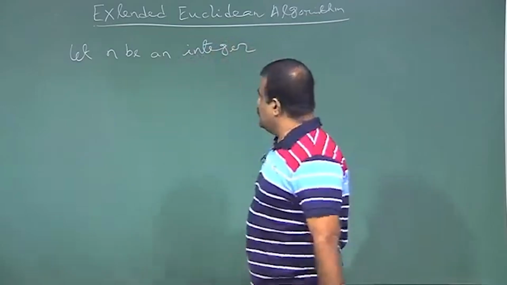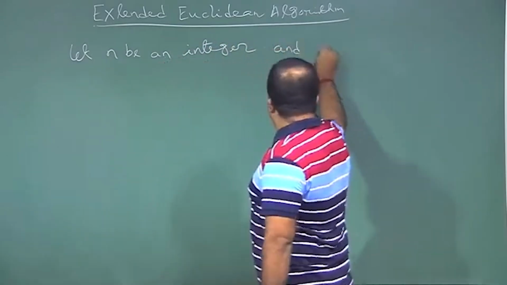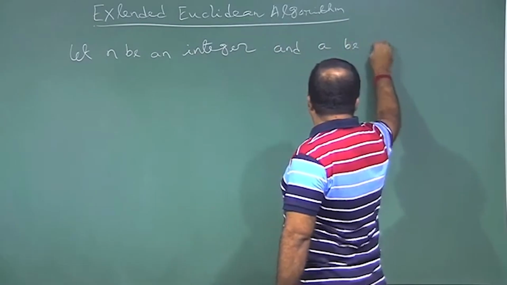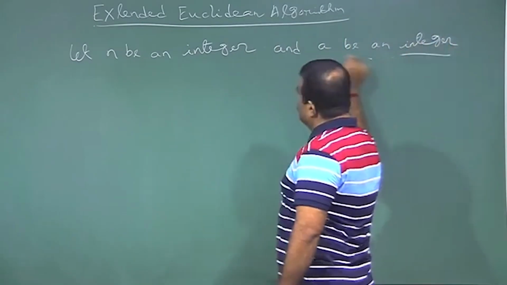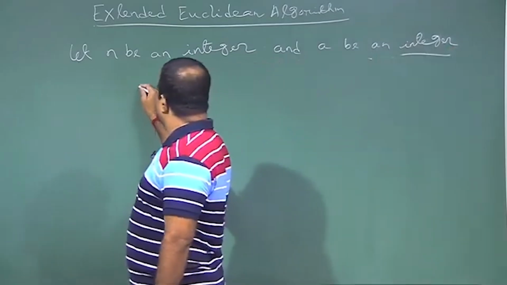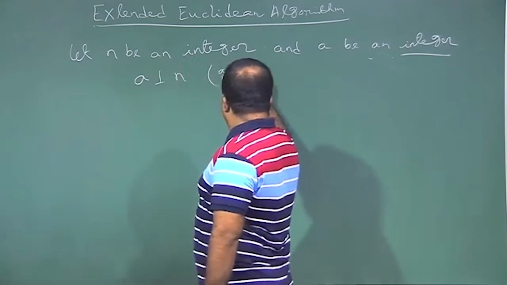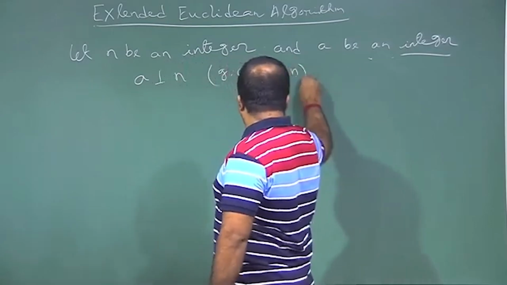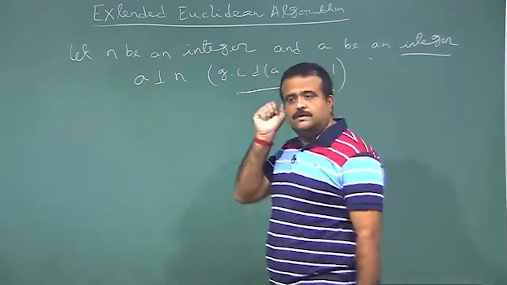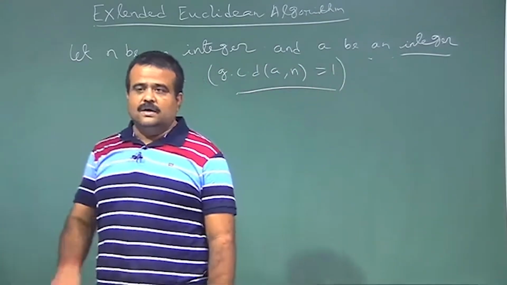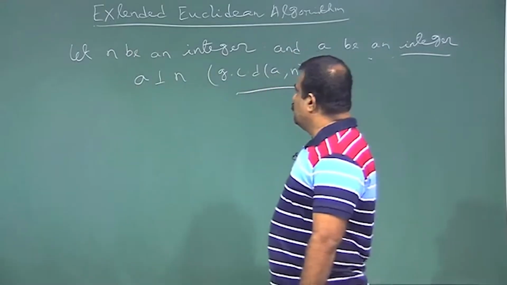Then we have seen that if a is relatively prime with n, that means GCD of a and n is 1, then a has an inverse, in the multiplicative sense, the multiplicative inverse mod n.